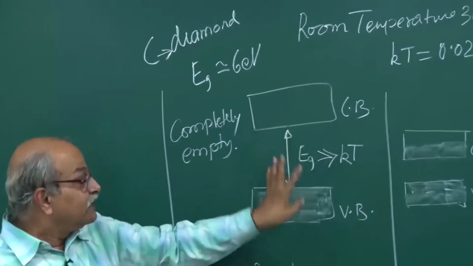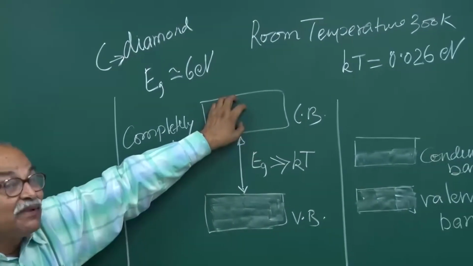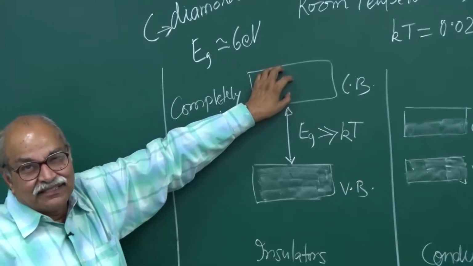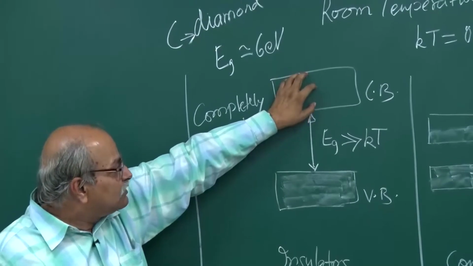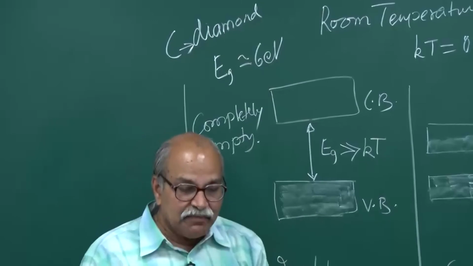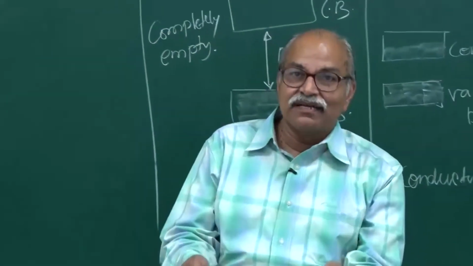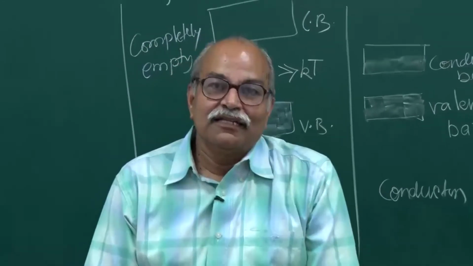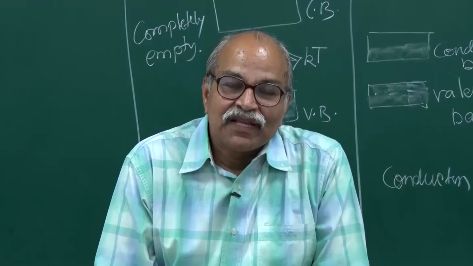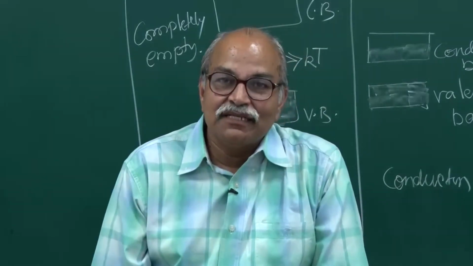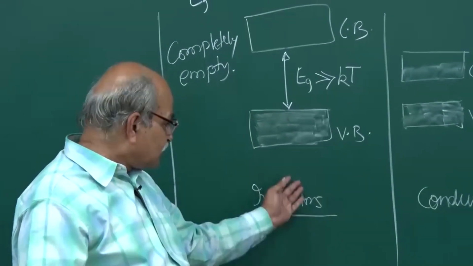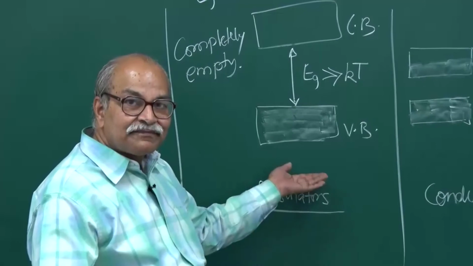Even at 300 K they will stay here, and this will remain completely empty, or if some states are populated, it is not at all significant. So, if you take a diamond and connect it to a battery and apply some voltage and create some electric field, and that electric field tries to give some energy to the electrons, these are the only electrons, and other electrons are all in the lower bands.